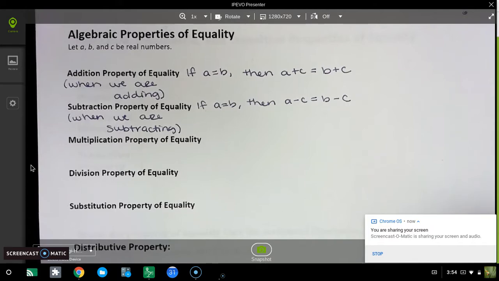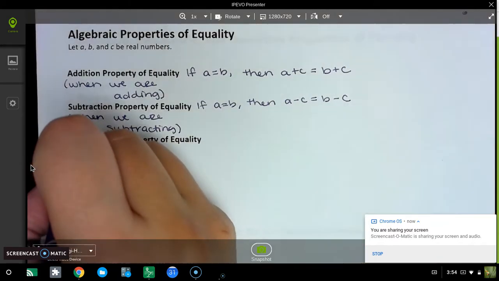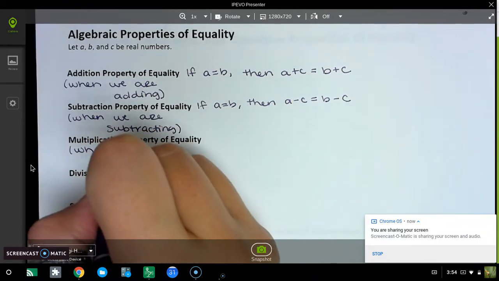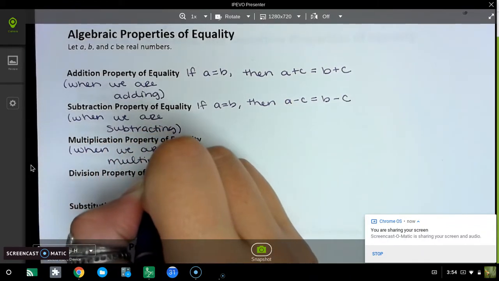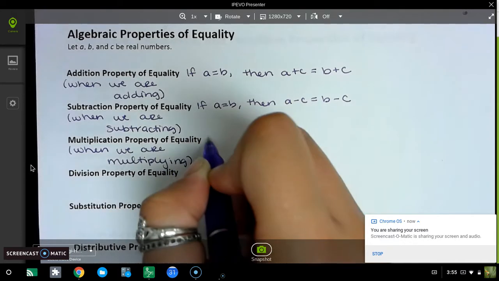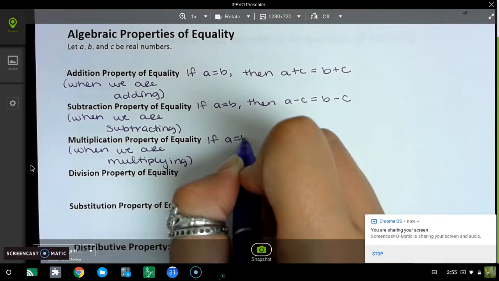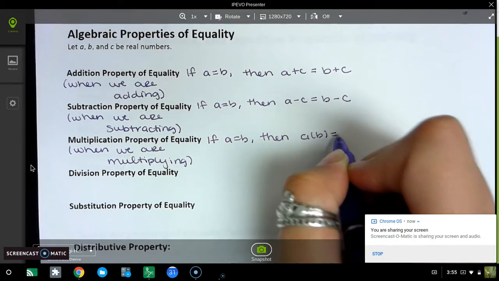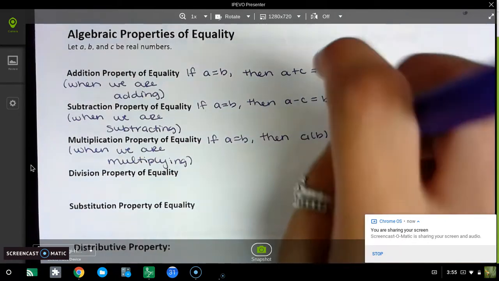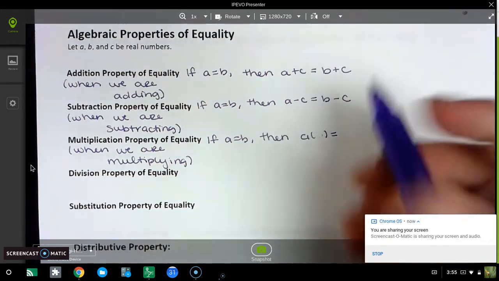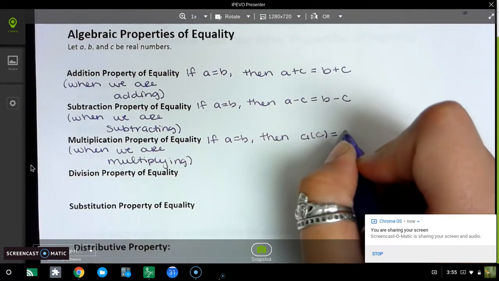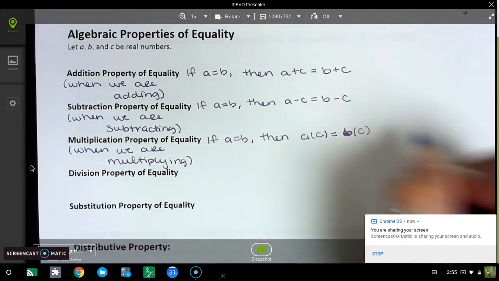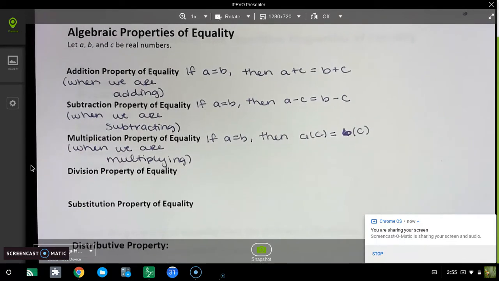Multiplication property of equality. Same thing. This is when we are multiplying. Cool. So this one is if A equals B, then A times C is equal to B times C. Struggle with that one a little bit, ladies and gentlemen, I apologize.